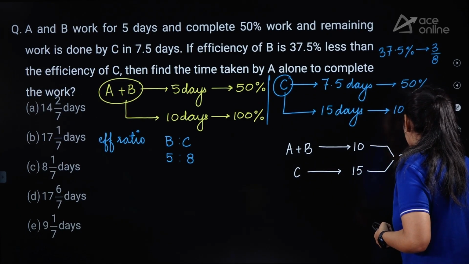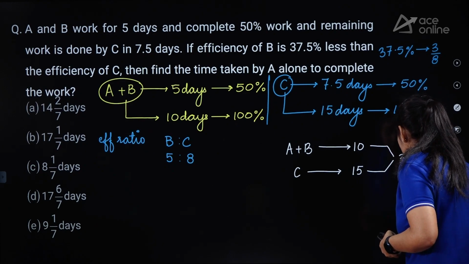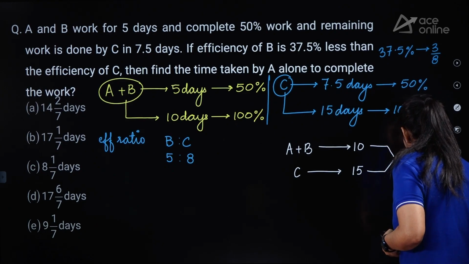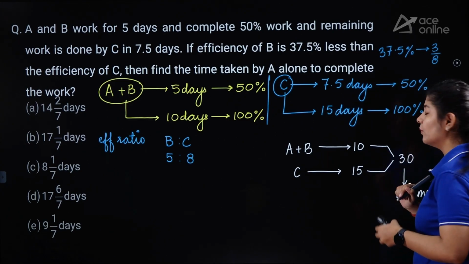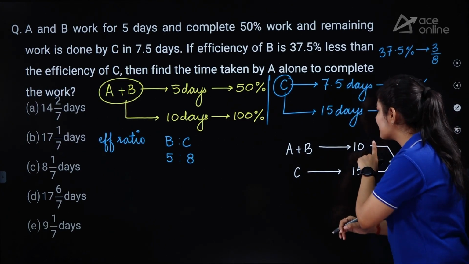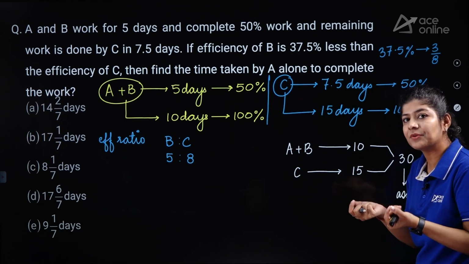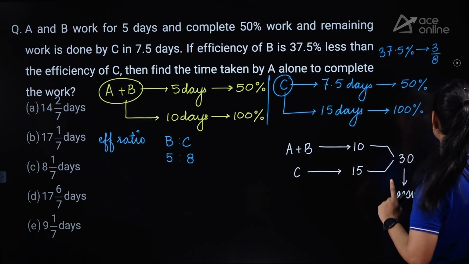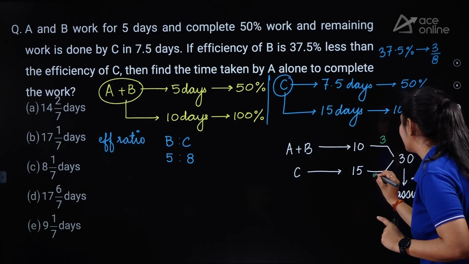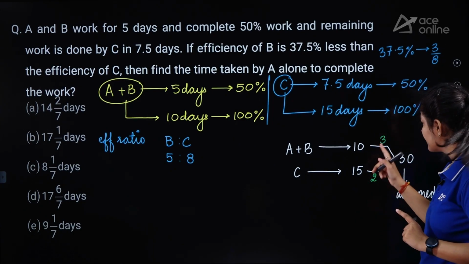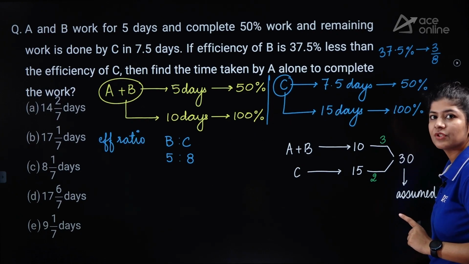So here we are having 30. This is our assumed work. Then we can easily determine the individual efficiencies as well. So here the efficiency is 3 and here the efficiency is 2.